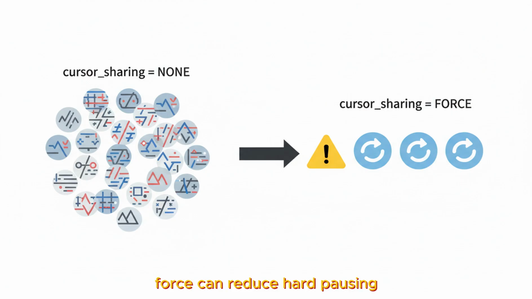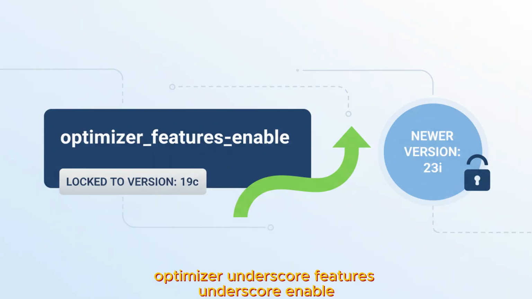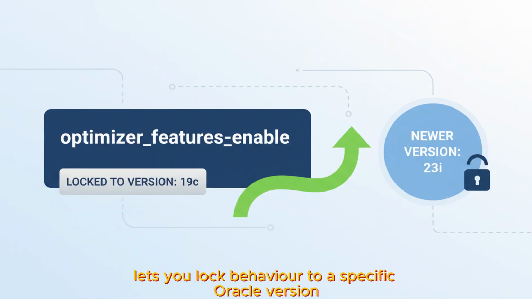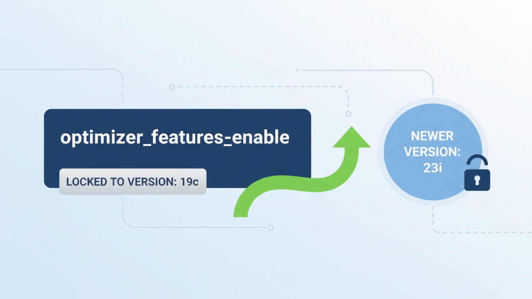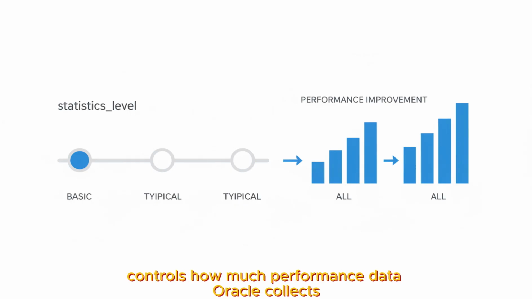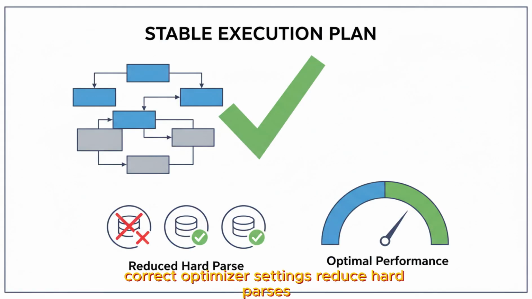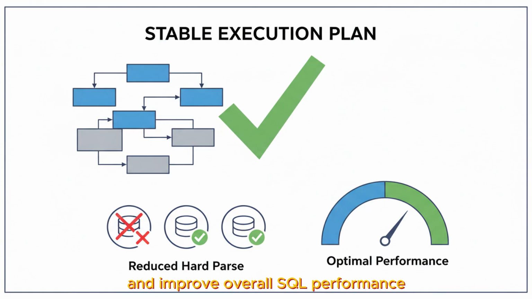FORCE can reduce hard parsing but must be used carefully. Optimizer_features_enable lets you lock behavior to a specific Oracle version, which is useful during upgrades. Statistics_level controls how much performance data Oracle collects. Correct optimizer settings reduce hard parses, stabilize execution plans, and improve overall SQL performance.